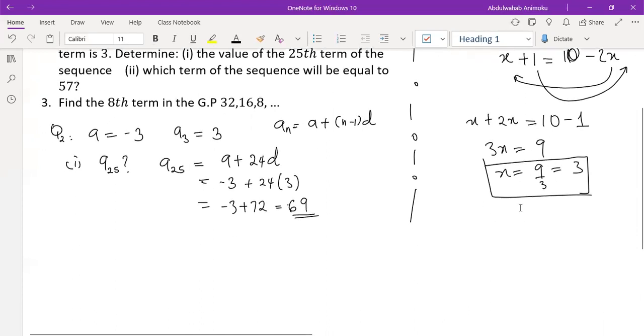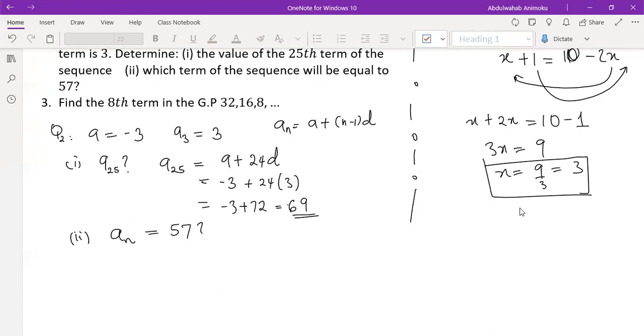Now, what about the second part? It states that we should find which term of the sequence will be equal to 57. This is a different type of problem. They're asking us which term. We know the general term is an, so which n will give us 57? Find n such that an is equal to 57.